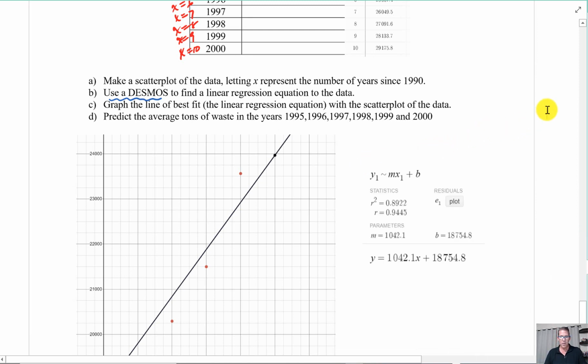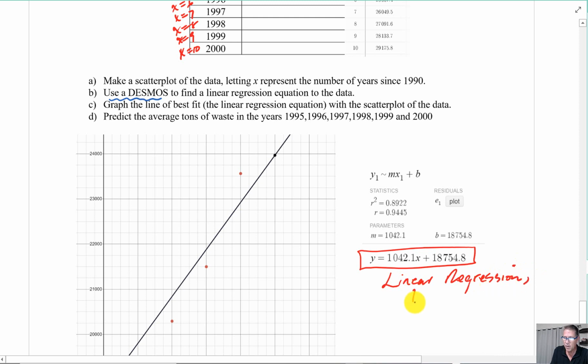So notice here, this right here that I copied is the line of best fit, or the regression equation. So linear regression equation, or commonly known as the line of best fit.